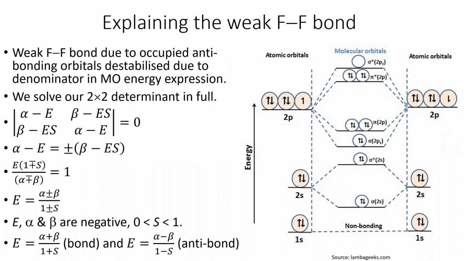So it shows you here that, as I say, we normally draw these MO diagrams so the bond and the antibond kind of look symmetrical in energy either side of the atomic orbitals, and it is approximately symmetrical, but it's not exactly symmetrical. And where it's not symmetrical, the antibonding is more antibonding than the bonding is bonding.